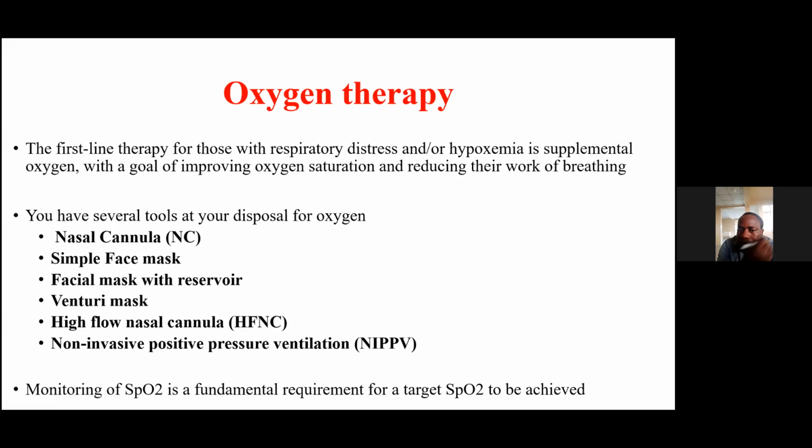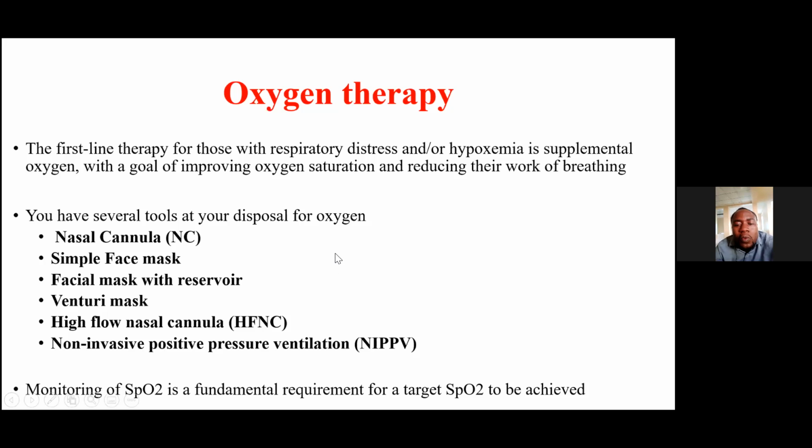Generally, oxygen is offered to patients who are having difficulties in breathing, like respiratory distress, or they are hypoxemic, when you see the readings on the pulse oximeter or you are interpreting the arterial blood gases. When the patient is hypoxic, you need to address that so that you avoid potential complications. We have seen in the previous sessions different tools we can use to give oxygen to patients.